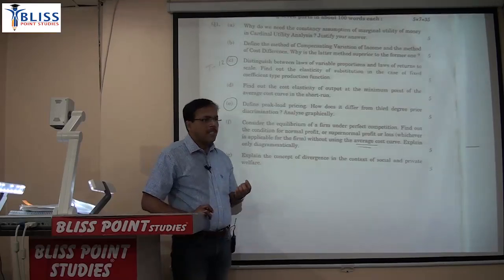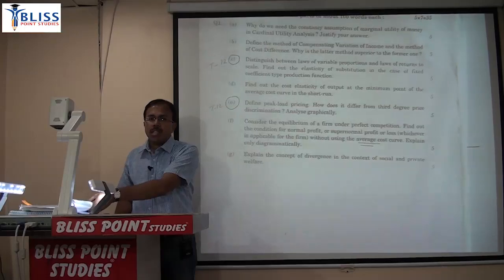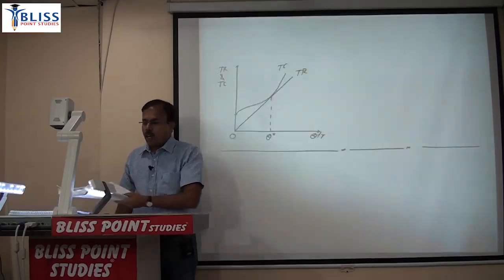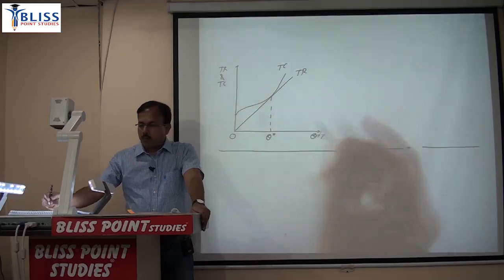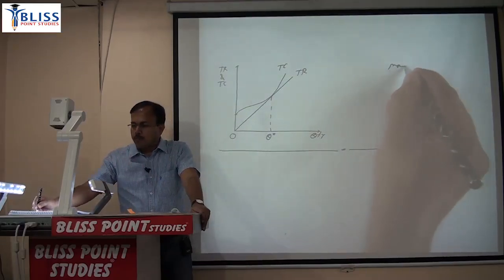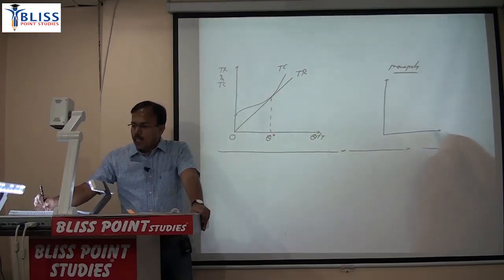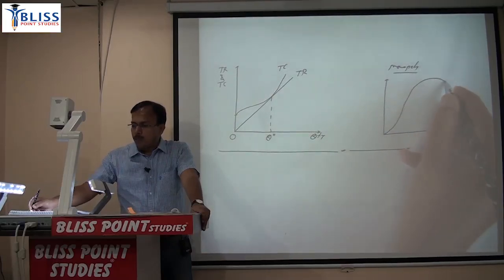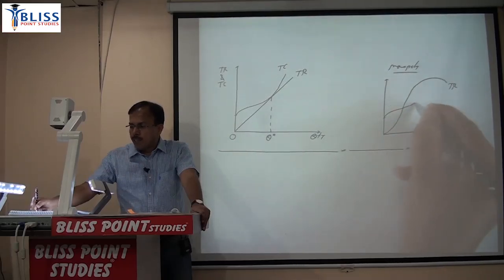So what will be the differentiating factor now? The TR will not be a straight line now. Under perfect competition only the TR will be straight line. But if it will be a monopoly, then your total revenue curve will be in this form, and then you draw that total cost curve inverted S in shape.